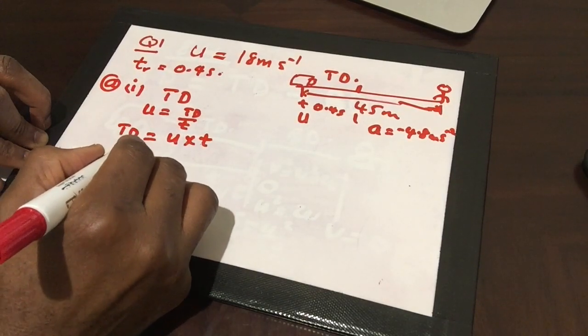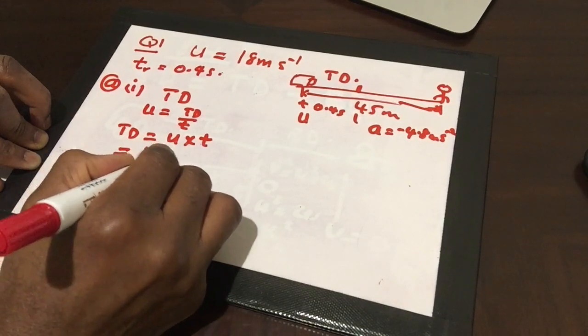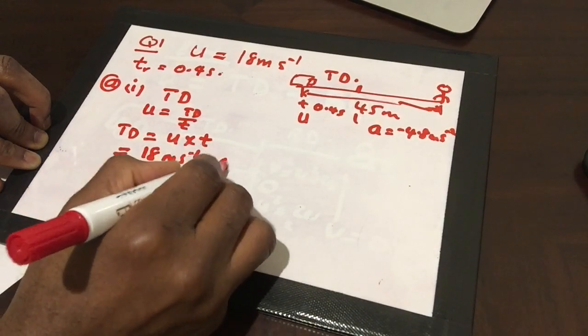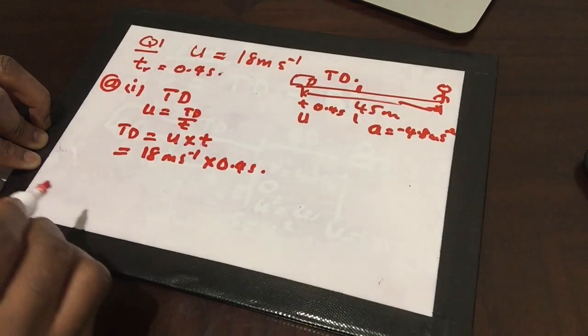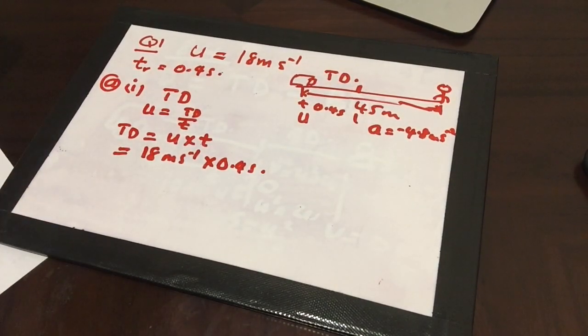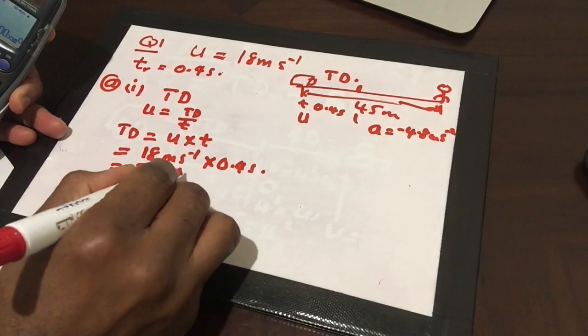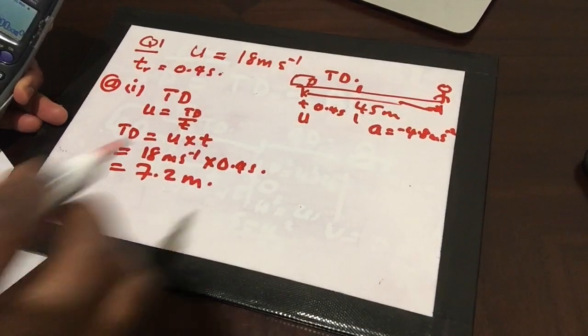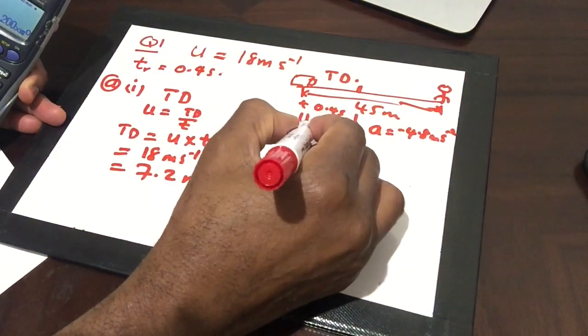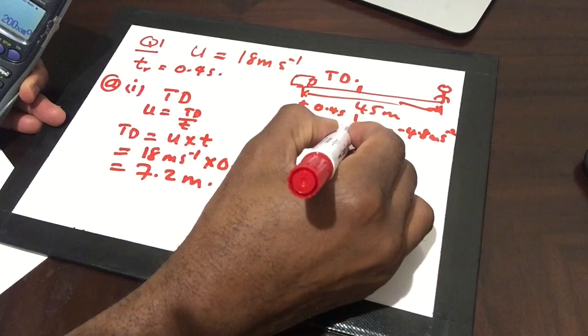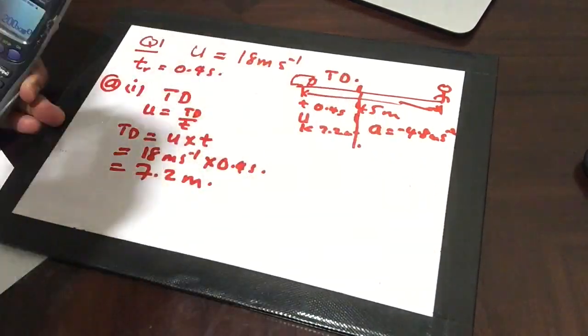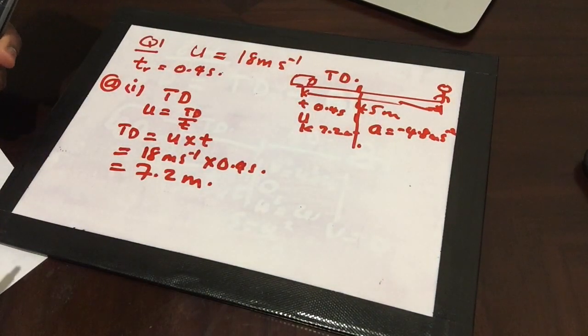What is our u? 18 meters per second times our time, which is 0.4 seconds. If we use our calculator, 18 times 0.4 gives us 7.2 meters. That will be the thinking distance. So from here to here will be 7.2. So we still have some distance to go.